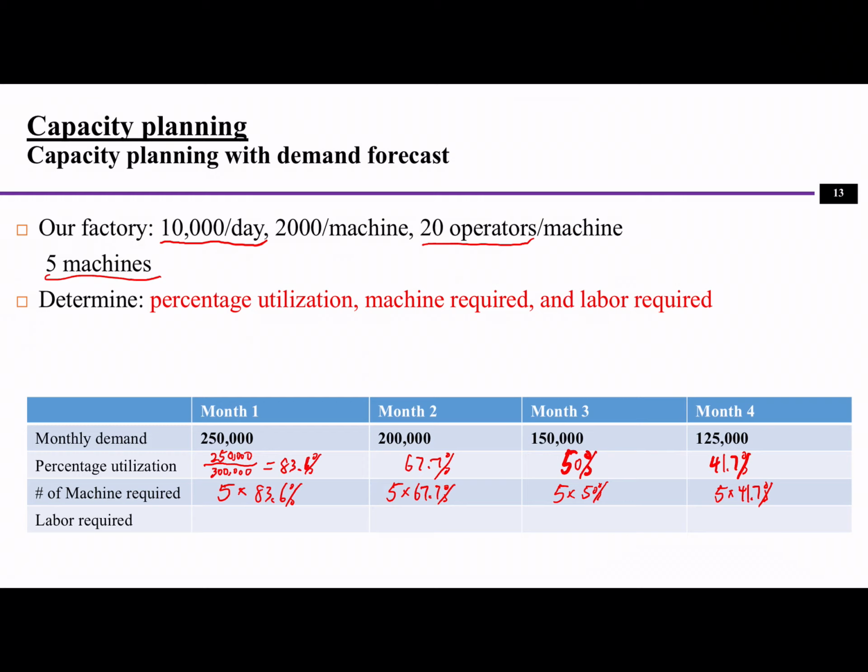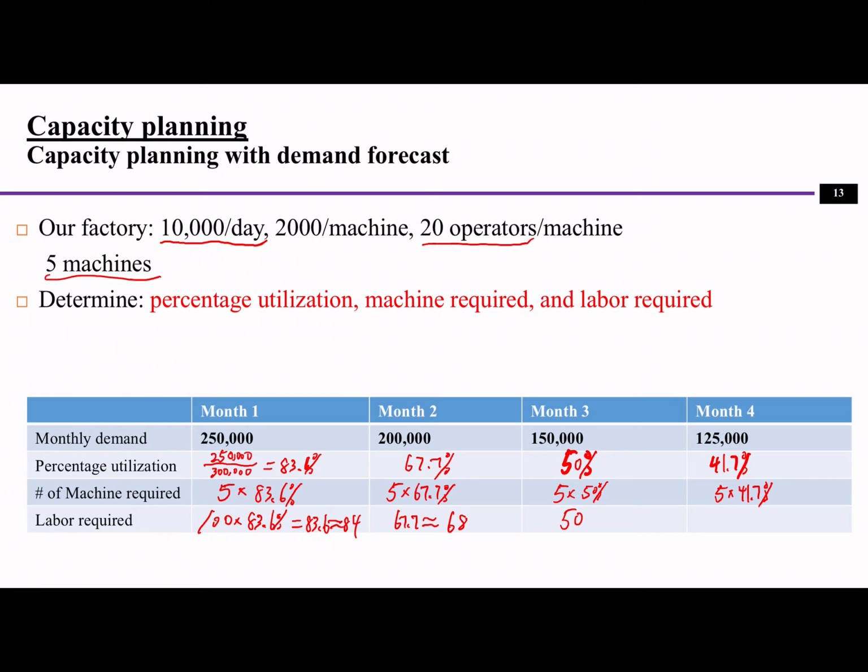Same with labor. The total number of labor we have is 20 operators per machine, and with 5 machines we have 100 operators. So 100 times the utilization rate, 83.6%, so it will be 83.6, round it up to 84.